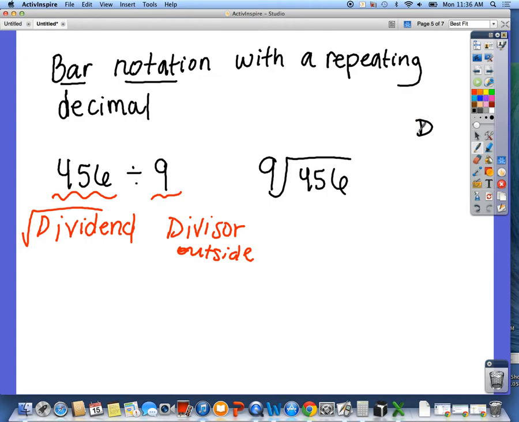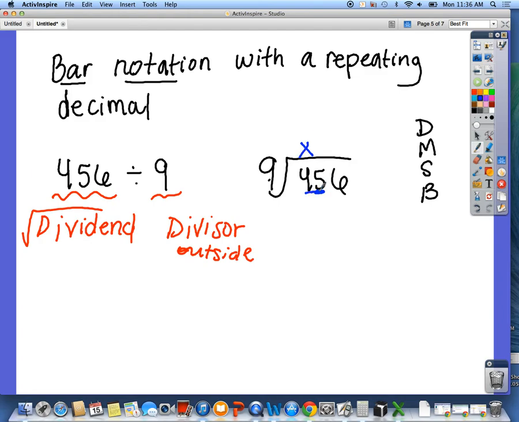Again, I can write my steps on the side if I want to. Divide, multiply, subtract, bring down. If I just want to check off as I'm going through, that's a very helpful tool. Okay, 4 divided by 9 doesn't work. I'm going to use that x as a placeholder. Now I'm moving over to the tens place.